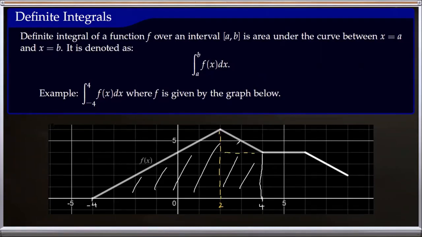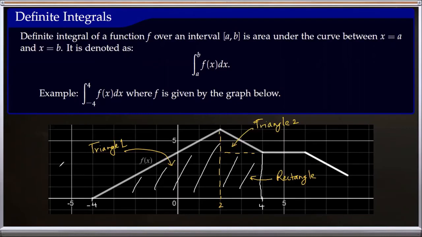So this one, we have one huge triangle, triangle 1. We have another triangle here, triangle 2. And then we have one small rectangle. Now all we need to do is find the area of these two triangles and this rectangle and add them up.